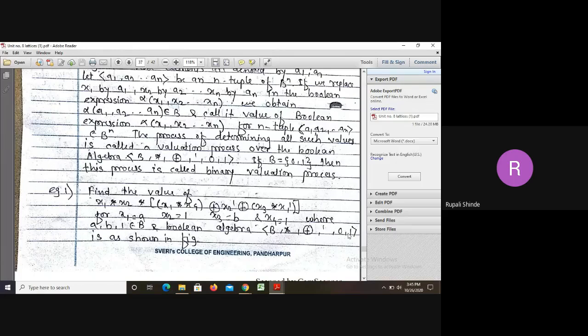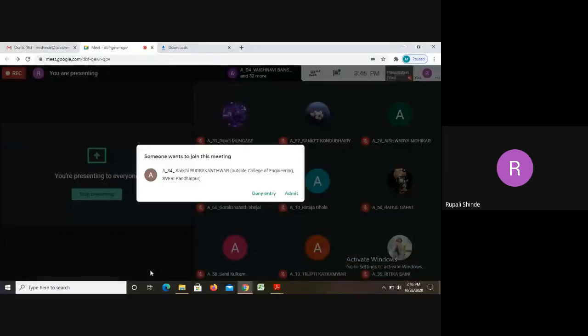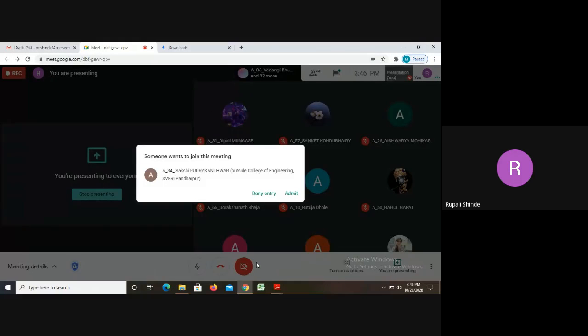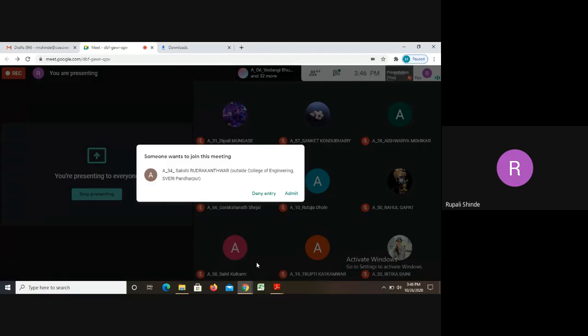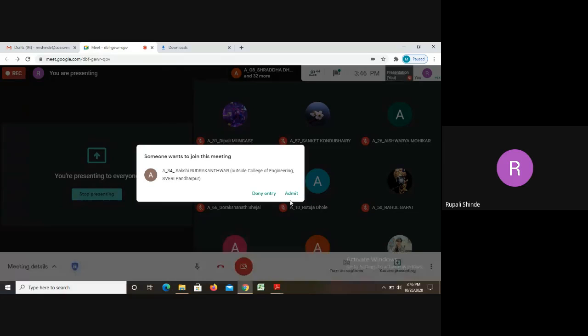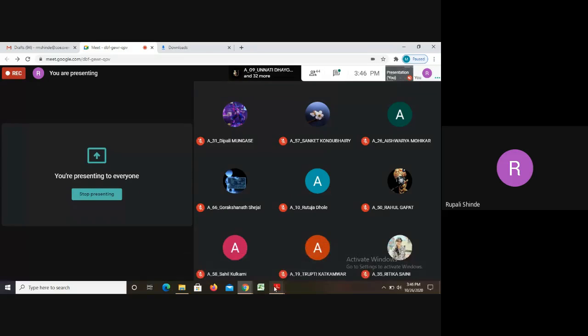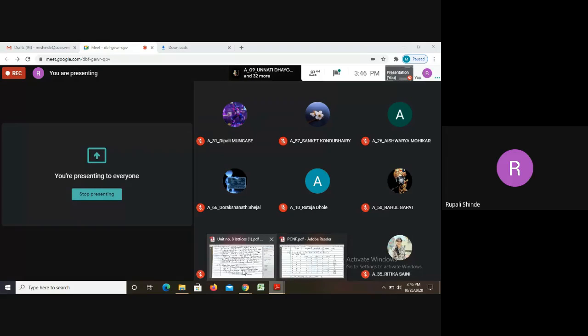Again, 0 and 1. Why have we taken here 0 and 1 in the definition of Boolean algebra? What does it define? We have seen this for lattice as well. 0 means what?